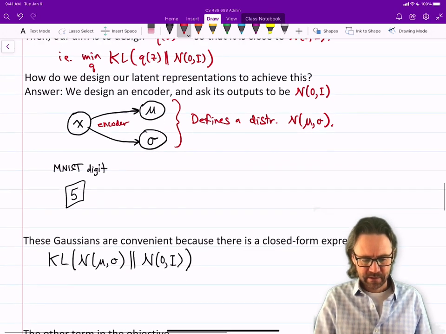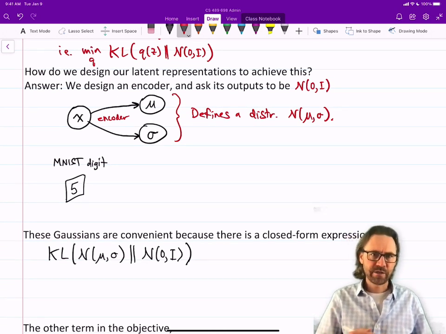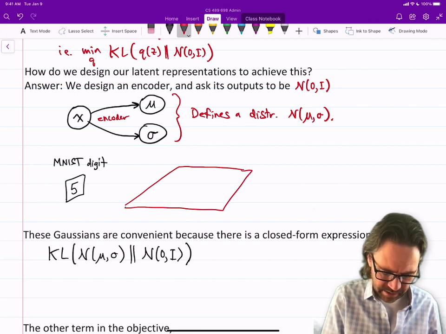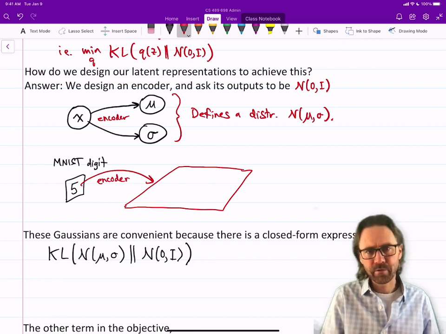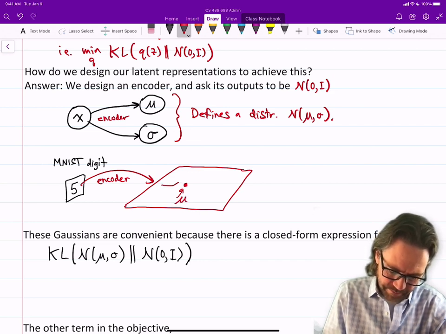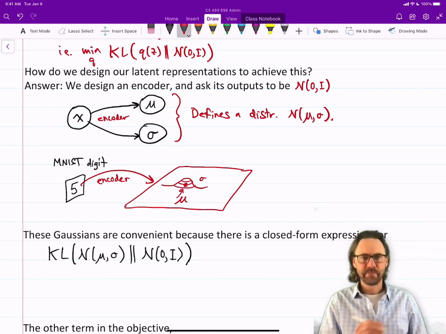Okay, so bear with me. In terms of MNIST, we've got some input image. We're going to encode it into some latent space. I'll just draw the latent space as 2D. The encoder is going to land at some mu here, and it's going to have some covariance or some standard deviation, sigma.